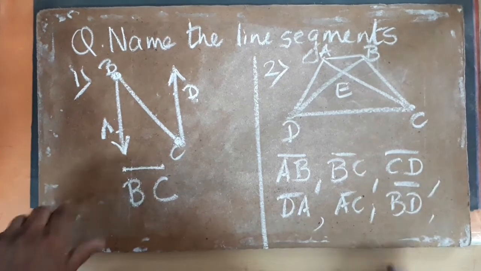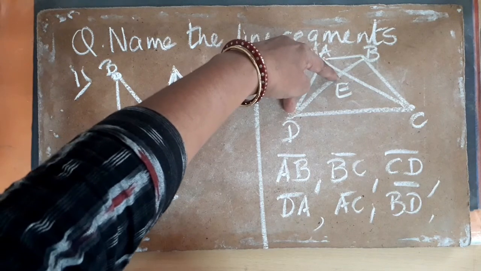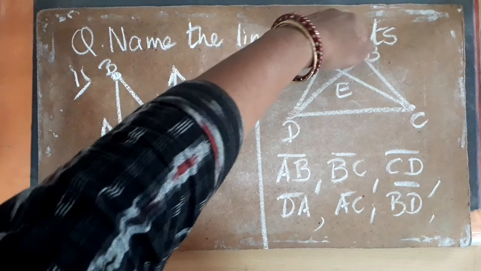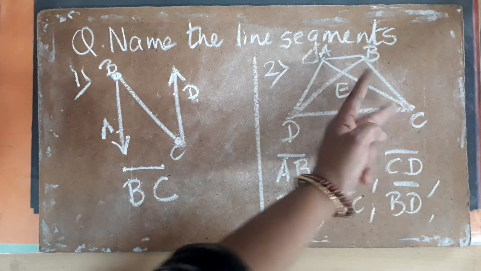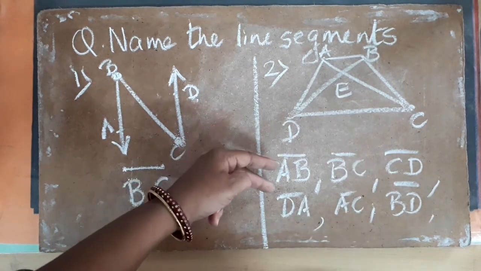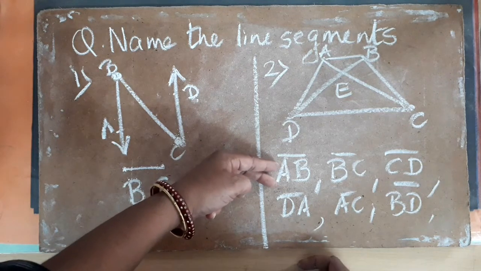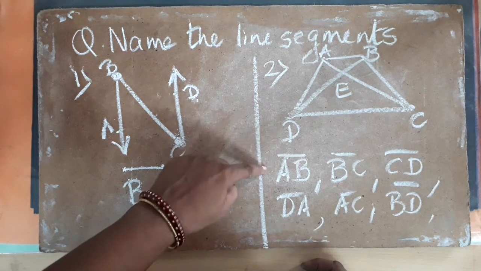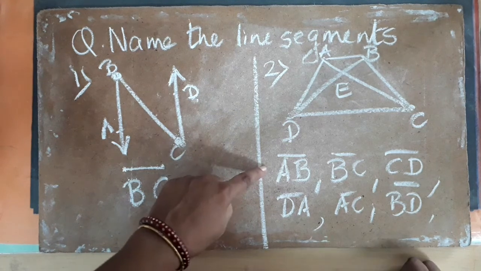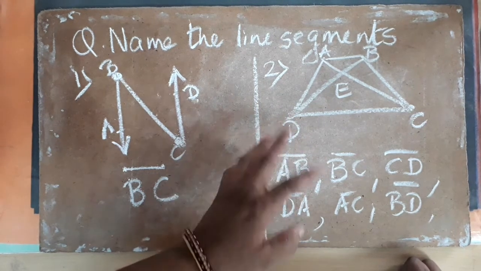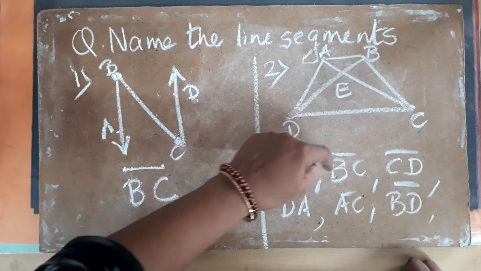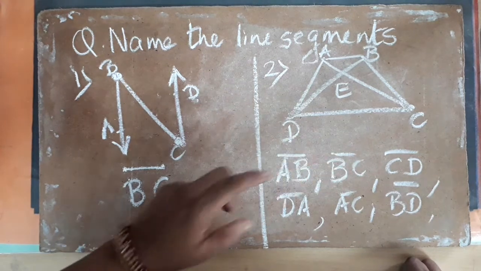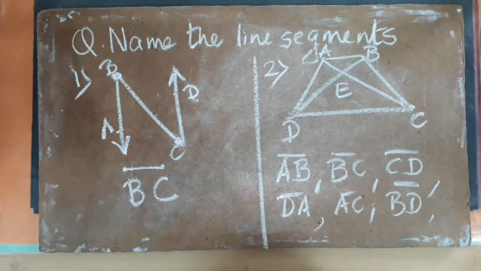Still you can see line segment DE, line segment EB, line segment AE, line segment EC. And as you know, line segment AB can also be written as line segment BA. So even if you write it the other way, as line segment BA, line segment CB, line segment DC, and so on, the answer is still correct.